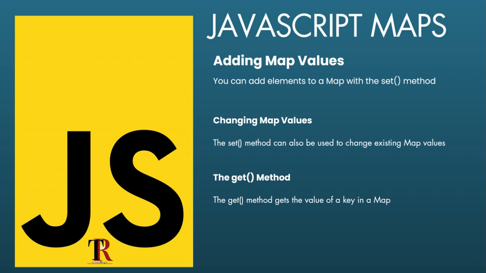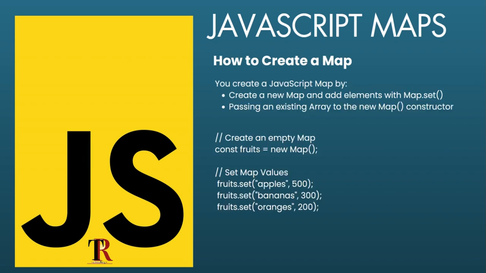So let's dive in. Before we start, remember that in the last lesson, we talked about how you can create a map object using a new map constructor, and the other way, which is by passing an array into the new map constructor.